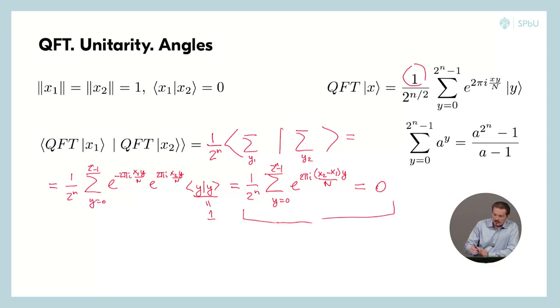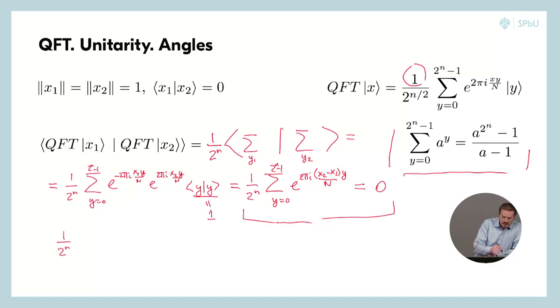The first way is that this sum is the sum of all roots of unity of the power N, and this kind of sum always equals 0. And the second way is to prove the first statement I just said by using the formula for the sum of a geometric progression. So let's apply the formula and see what happens to this sum.